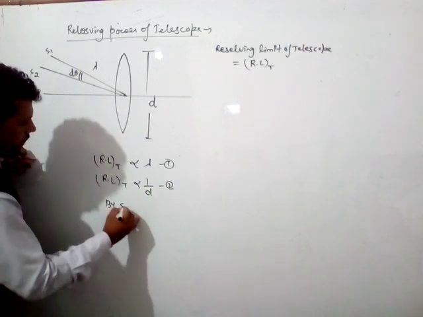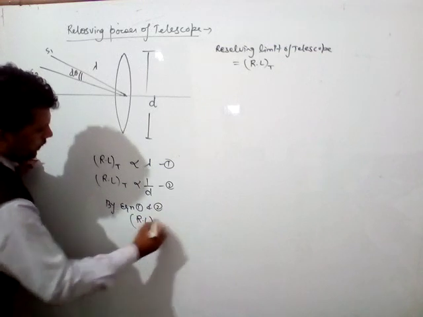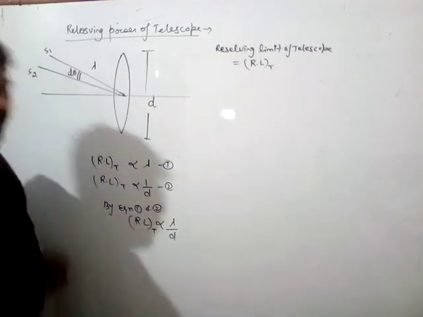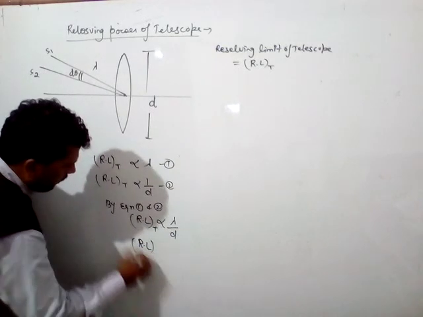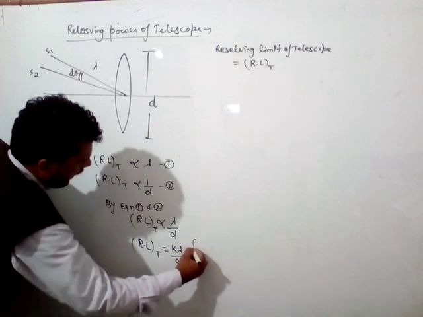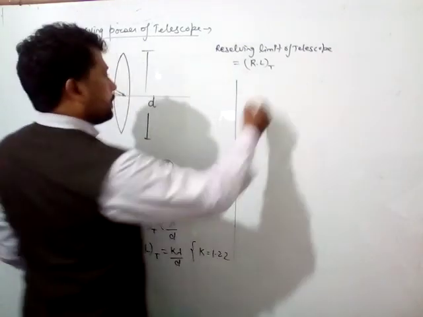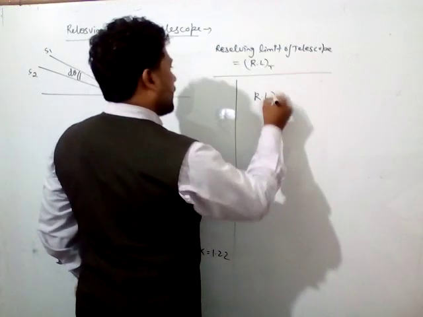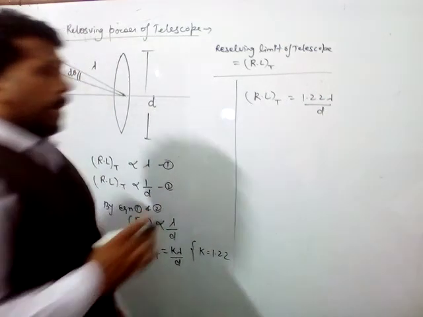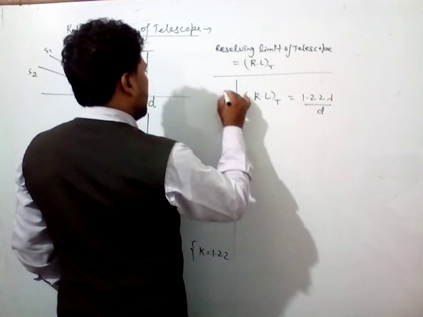So by equations first and second, RL is proportional to lambda by d. Removing the proportionality sign, RL of telescope is equal to K lambda by d, and this value of K is 1.22. So the resolving limit of the telescope is equal to 1.22 lambda upon d, and that is also equal to d theta.